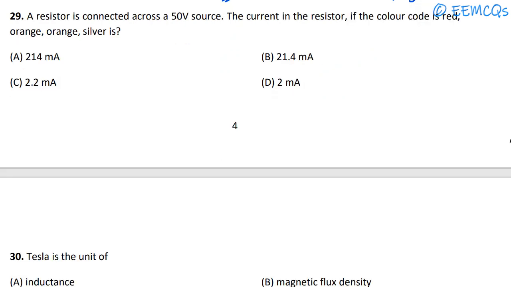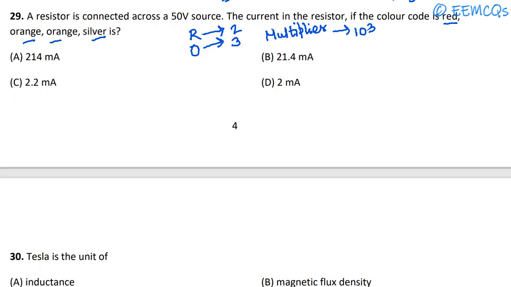Next, a resistor is connected across a 50 volt source. The current in the resistor, if the color code is red, orange, silver, that means red will give you the number value 2, orange will give you the number value 3, and again orange means the multiplier here is 10 to the power 3, and the silver, that is the tolerance here, is plus minus 10% as it is silver.